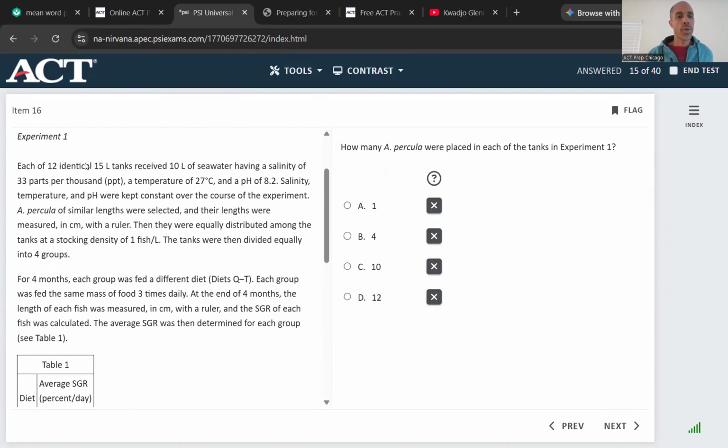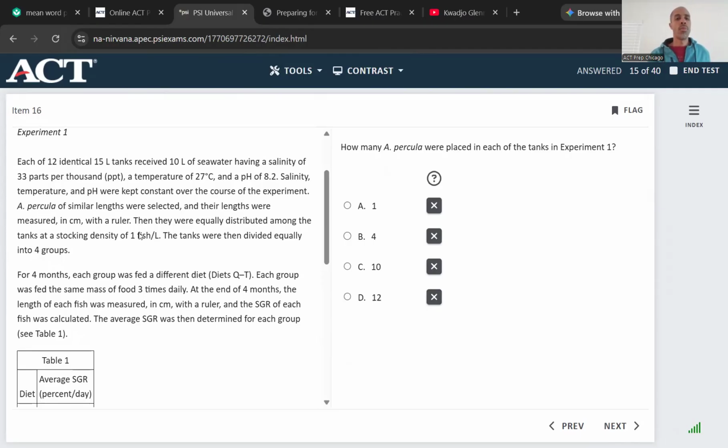Each of 12 identical 15-liter tanks received 10 liters of seawater having a salinity of 33 parts. And pH was kept constant. Apicula of similar lengths were selected, and their lengths were measured with a ruler. Then they were equally distributed among the tanks at a stocking density of 1 fish per liter.